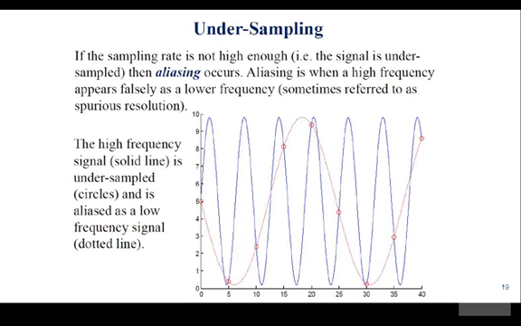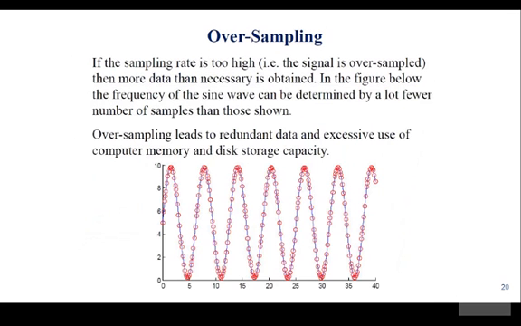That's going to cause us problems, because we're going to miss the high frequency information that's actually present in this signal. So aliasing is when a high frequency appears falsely as a lower frequency, and we get a spurious resolution.